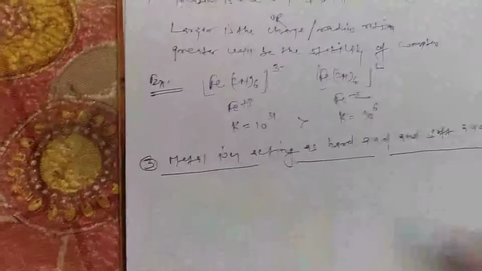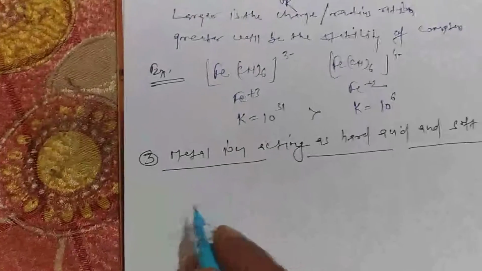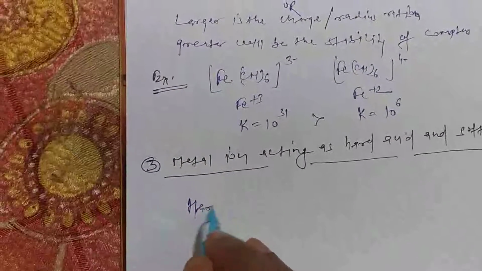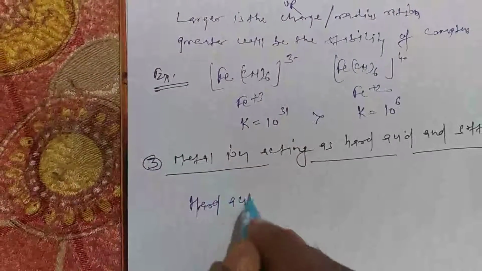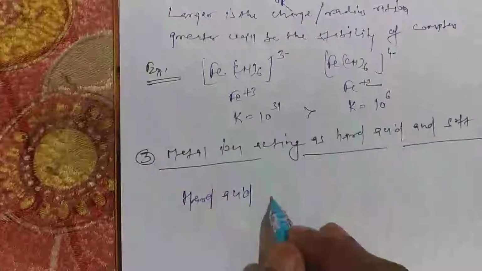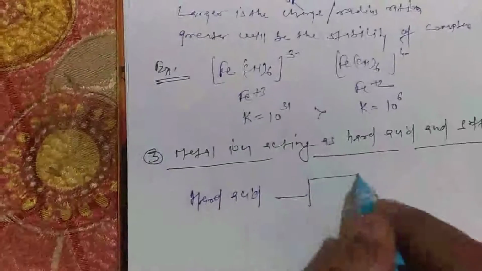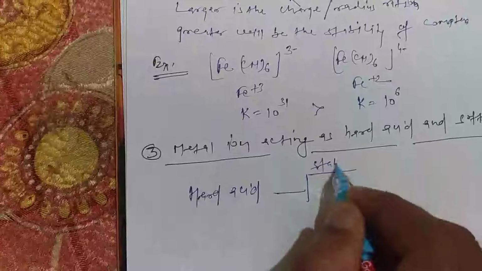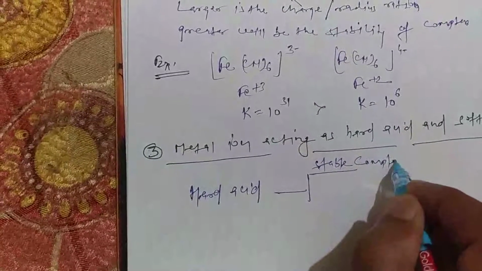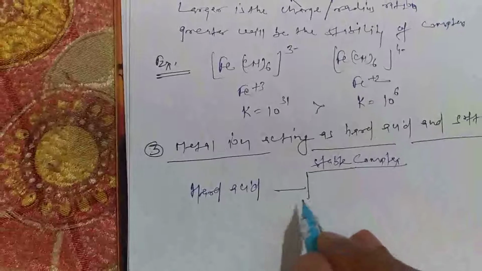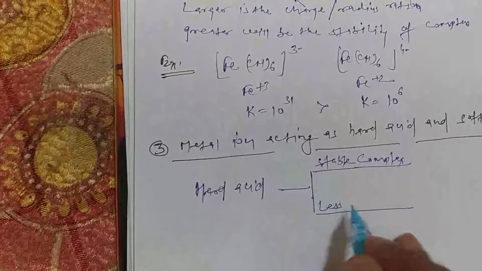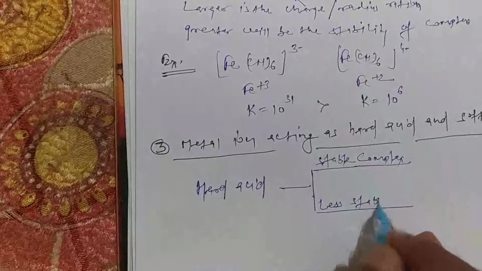So I'm just giving you the gist of this statement: if we have a hard acid, this hard acid will form a stable complex and a less stable complex.